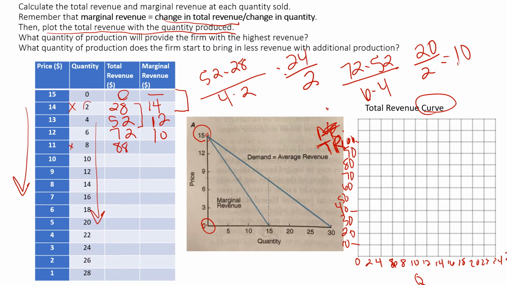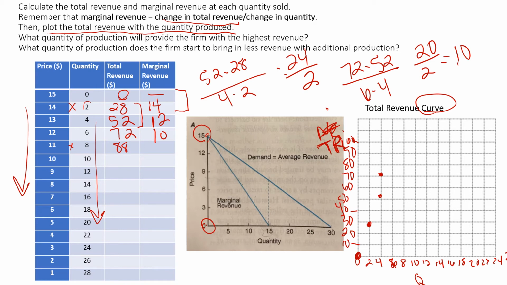So at 0, we're making $0. When we sell 2, we are making $28. Oops, I skipped 4.